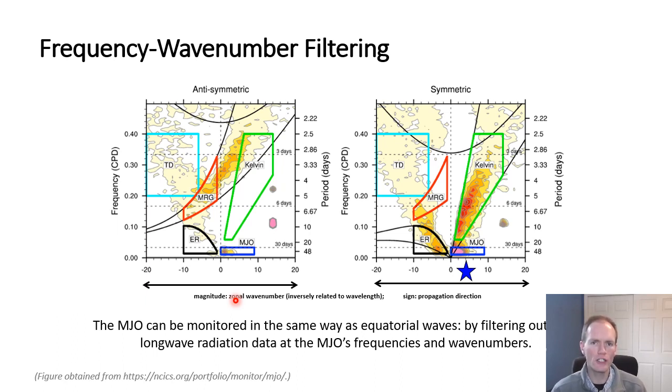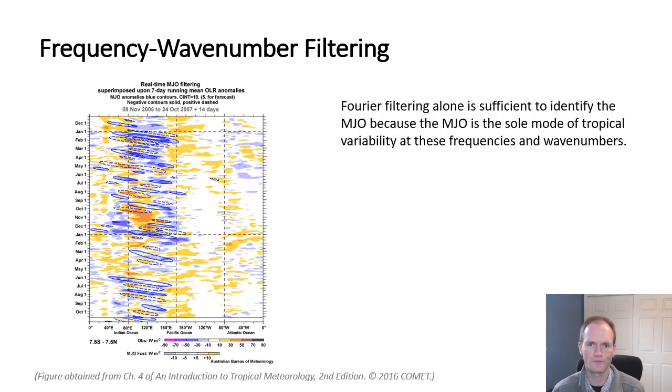So with this information, we can isolate within any sort of data utilizing Fourier analysis the frequencies and the wave numbers of interest, and then back transform those into physical space to be able to identify and track the Madden-Julian oscillation.